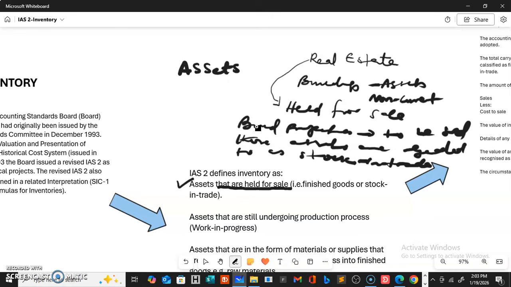Now, the second definition is assets that are still undergoing the production process, okay? So when we talk about assets that are being converted, we're talking about conversion of assets, which is similar to manufacturing entities.